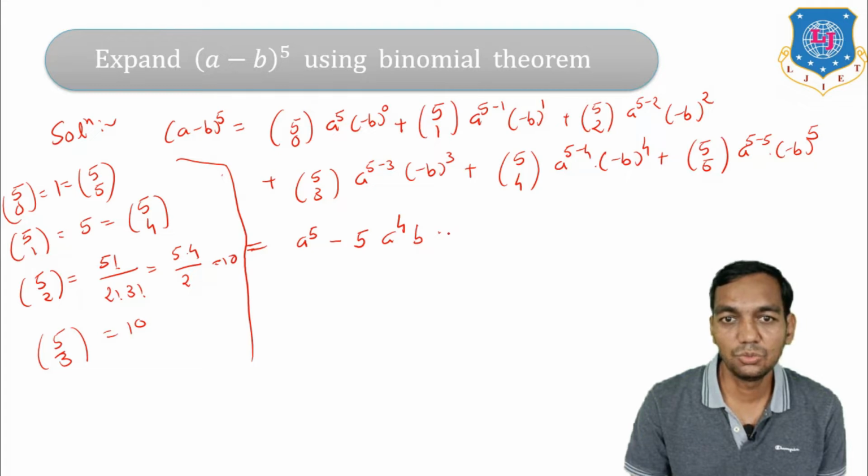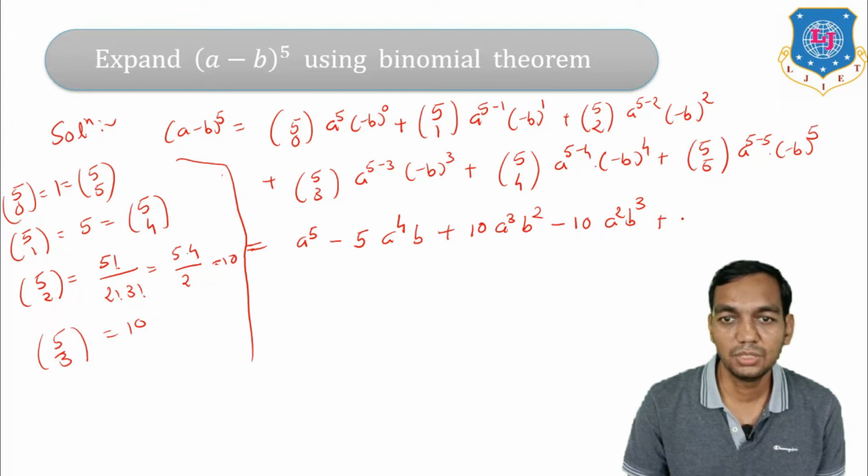Then 5C2 has a value 10, a raised to 3 into b square, minus minus plus. In the same manner 5C3 has a value 10, a square into (minus b) the whole cube will be minus times b cube. So this sign is going to be changed, minus times b cube.